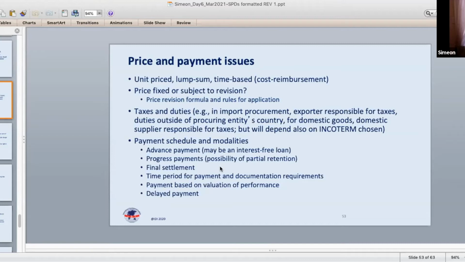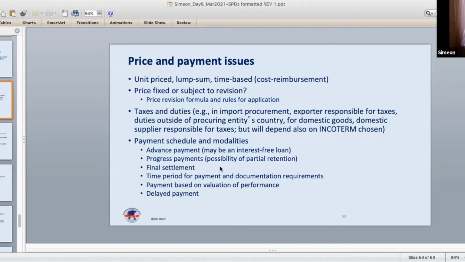Shall I move on? Yes, please. Okay, so the next slide is about price and payment issues in contracts. We mentioned yesterday already, so I won't go into it, the question of whether a contract is fixed price or subject to revision. Again, that's a risk allocation issue.